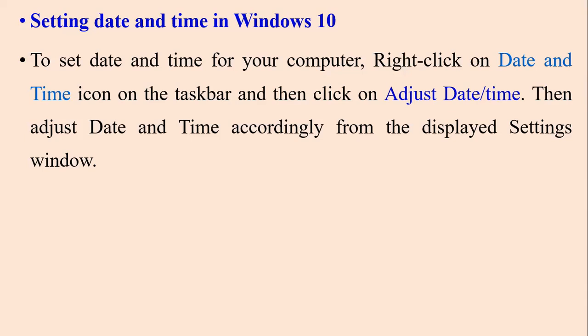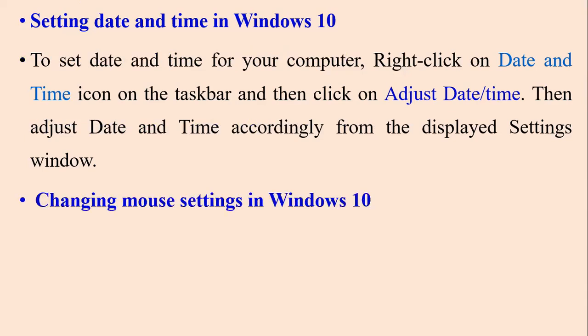Then you right-click on the Date and Time icon, and then from the context-sensitive menu that will appear, click on Adjust Date/Time. Then from the Date and Time dialog box or screen that will appear, adjust your date and time accordingly from the displayed settings window, and your time as well as your date will be applied accordingly.